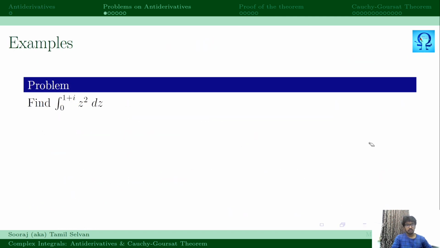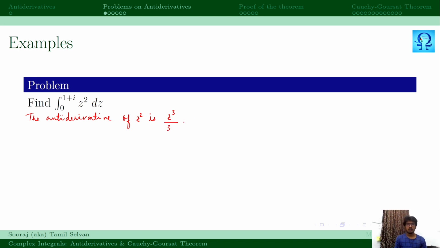Now let us get into the problems. The first problem is that we are asked to find the integral value from 0 to 1 plus iota of z squared. So it is evident that the antiderivative of z squared is z cube upon 3.